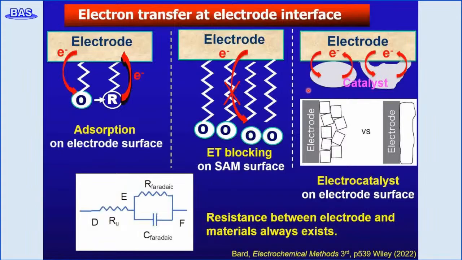The catalysts modified are often nano-sized crystals or powders, and as shown here, many of them are in contact with the electrode surface or at catalytic grain boundaries, making the electron transfer route very complex.